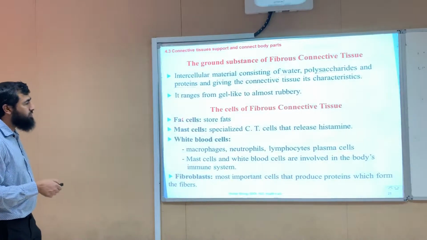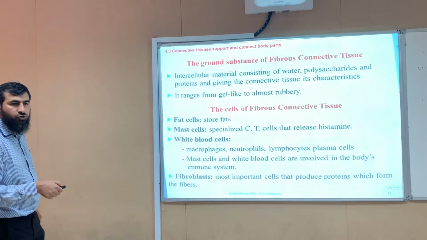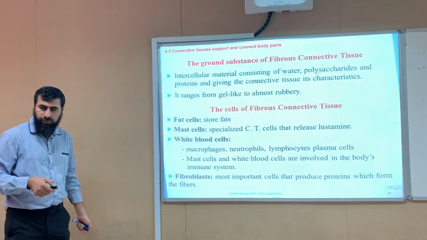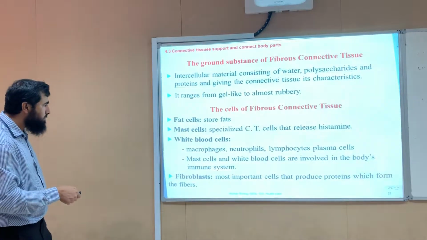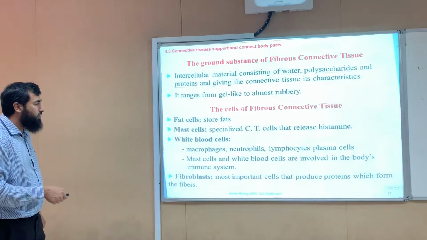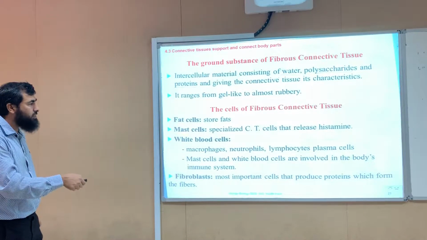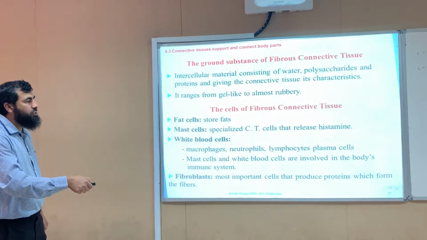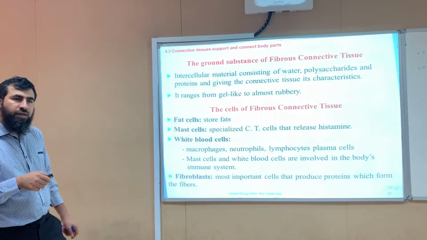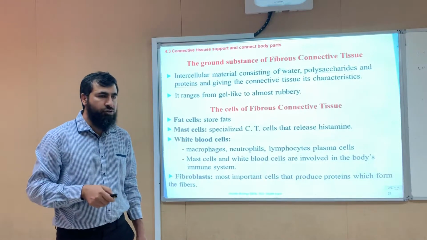The cells, as I mentioned before, include the fat cells, which store fat for long-term energy. Remember the lipids? Then you have the different types of cells of the immune system. You've got the mast cells. These are specialized cells that release histamine. Histamine is very important in the inflammatory response.